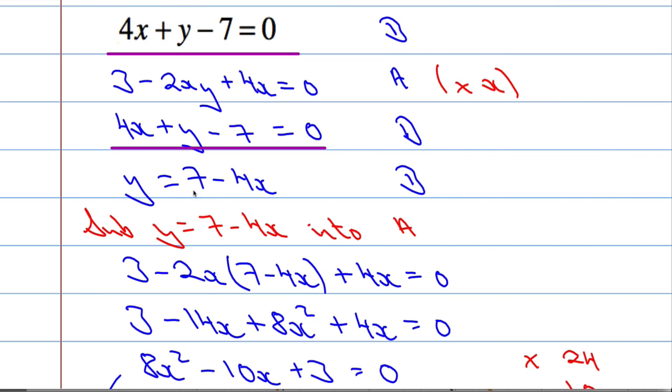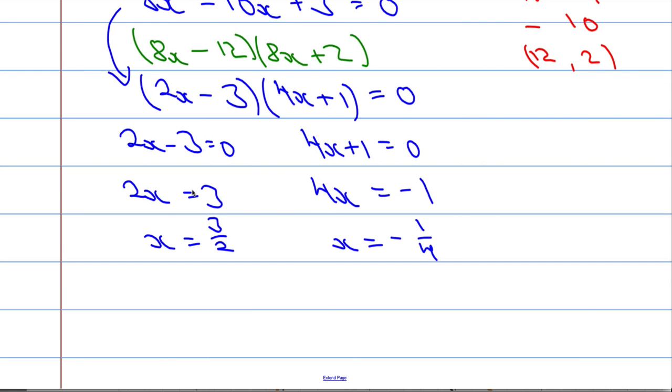I'm going to use this equation here, so I'm going to substitute x into this one here, y equals 7 minus 4x. So we had y equals 7 minus 4x. Okay, so substituting this one in, y equals 7 minus 4 times, and x is 3 over 2.